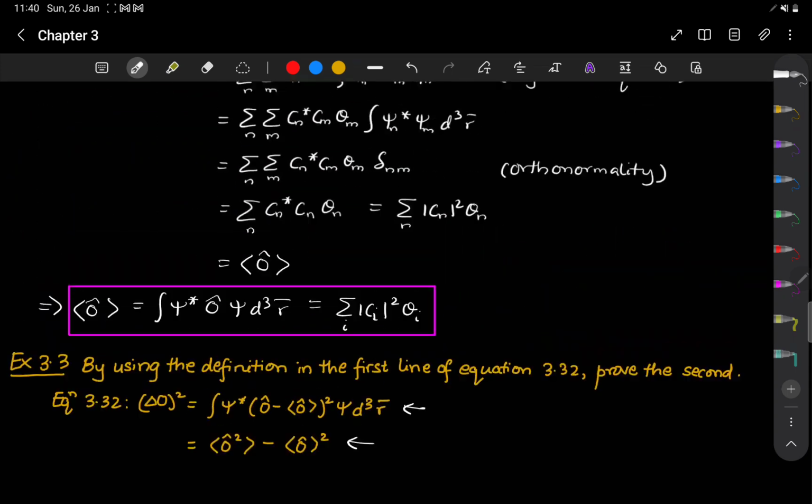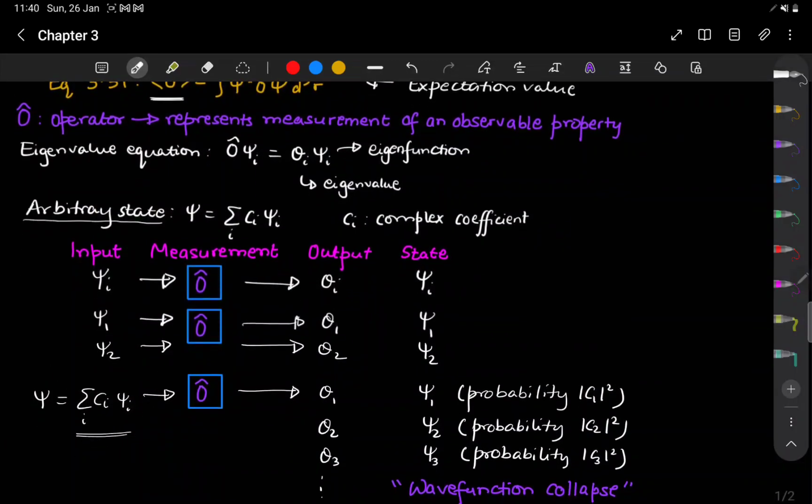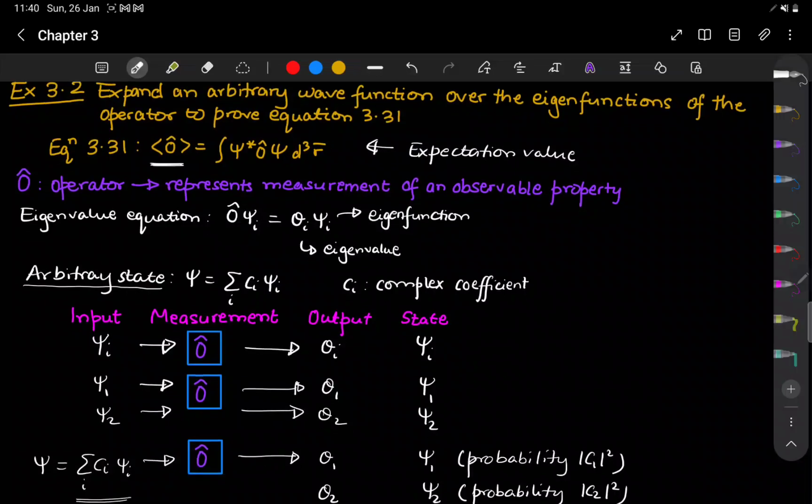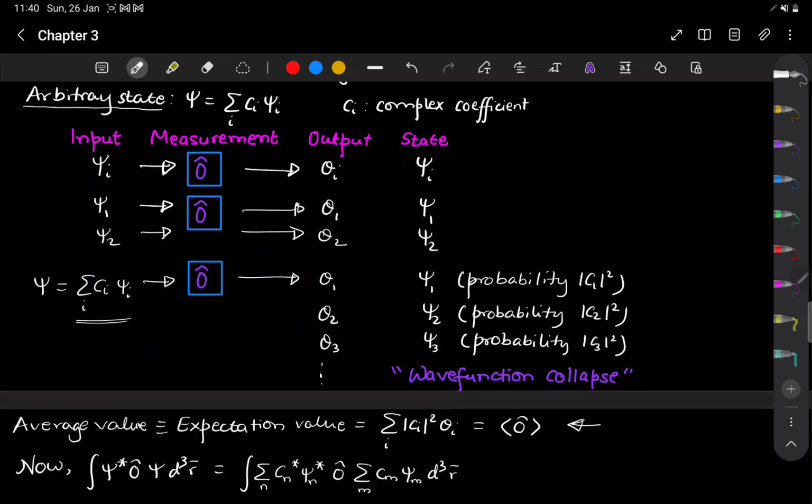And just for recap, for those of you who have missed, O cap is an operator from the previous questions, if you remember the notation. So O cap is an operator and it represents measurement of an observable property. And these angular brackets denote the expectation value, which basically means the average value.